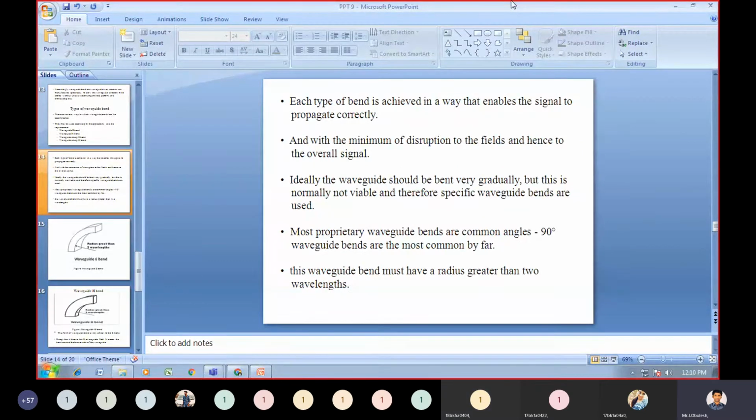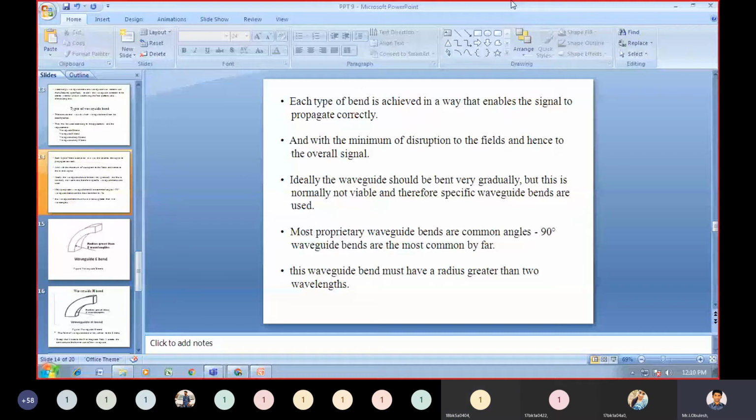Each type of bending is achieved in a way that enables the signal to propagate correctly, with a minimum of disruption to the field and hence to the overall signal.